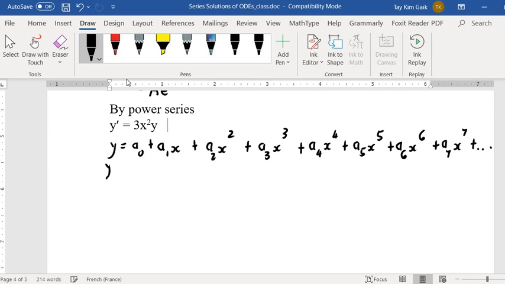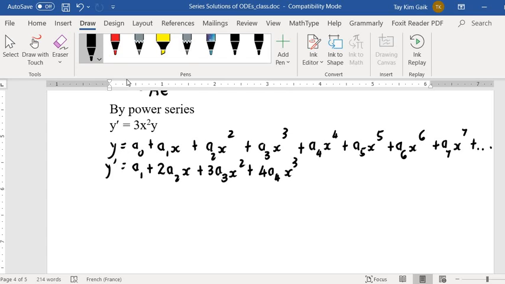So for y prime, you differentiate y with respect to x. Differentiate a0, 0. Differentiate a1 x, you have a1. Differentiate a2 x squared, you get 2 a2 x. Differentiate a3 x cubed, you get 3 a3 x squared. Differentiate a4 x power 4, you get 4 a4 x cubed.